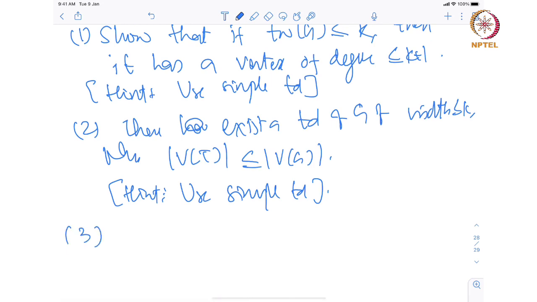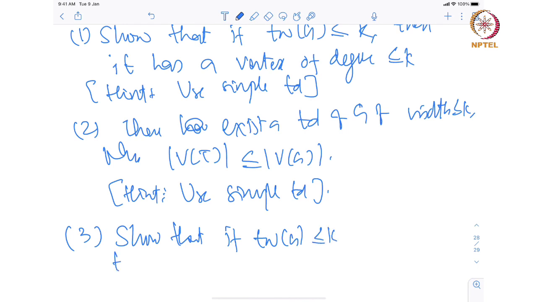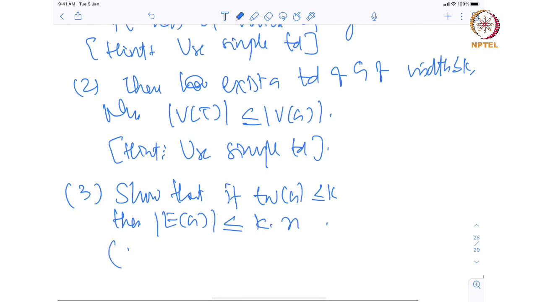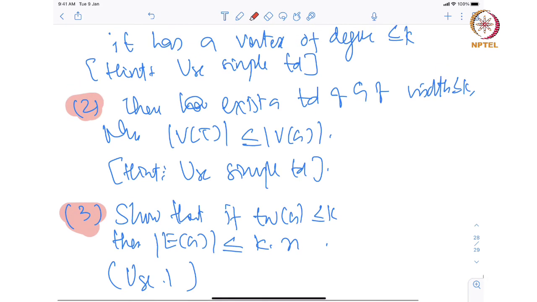Third, show that if the treewidth of G is at most k, then the number of edges in the graph is at most k times n. Use 1.